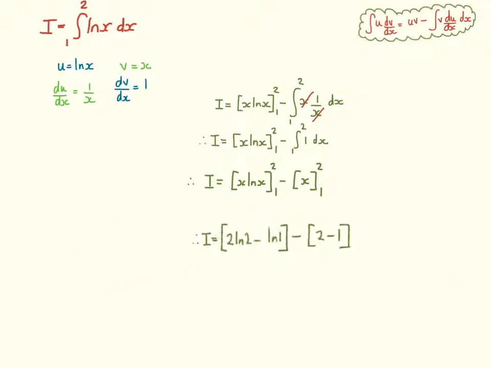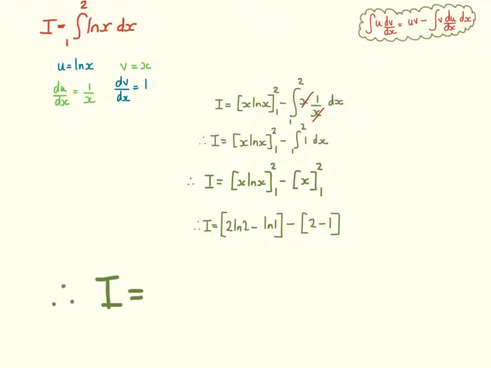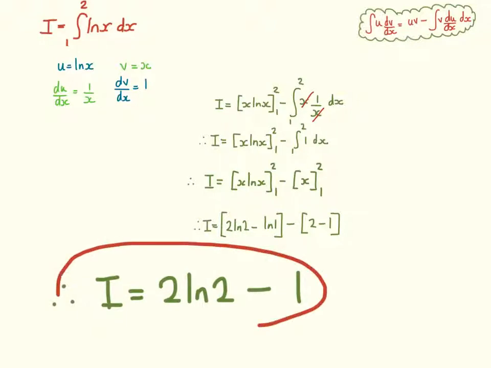Use your calculator if you want to, but I want to leave this in terms of log. Alright, so 2 log 2, we leave that in terms of log, but you should remember log 1 is 0. We worked in C3, we did log graphs. So you'll have 2 log 2 minus 0, and then 2 take away 1 is 1. So that's it, done. That's our answer. The integral is 2 log 2 subtract 1.